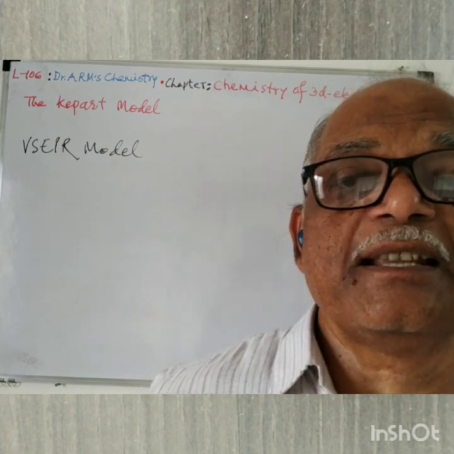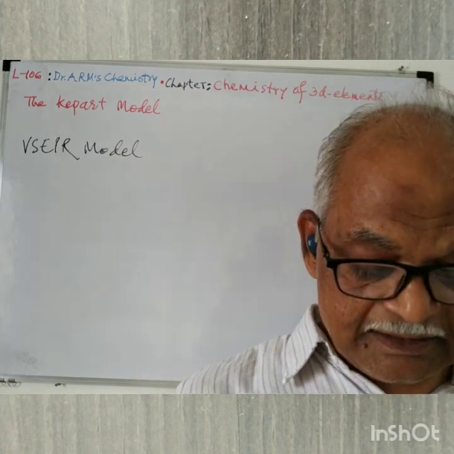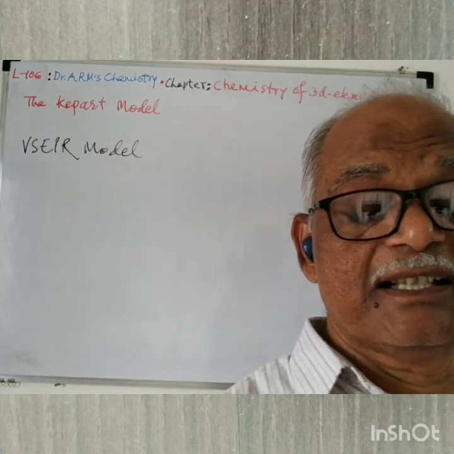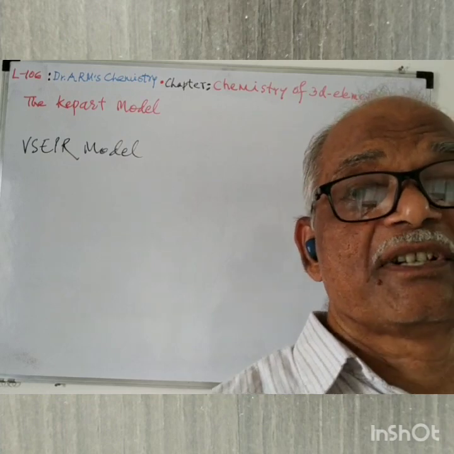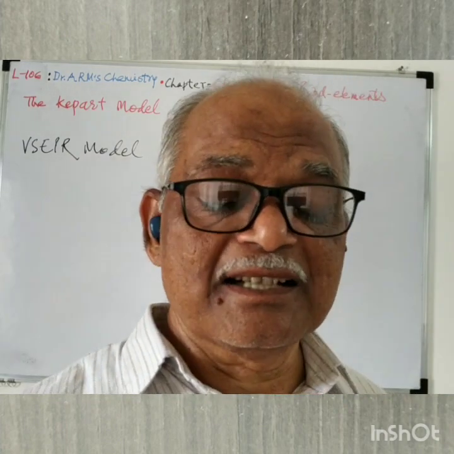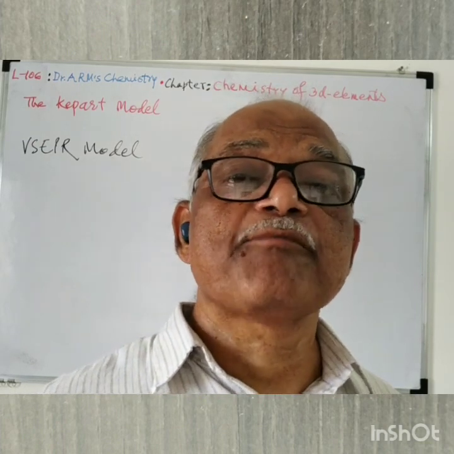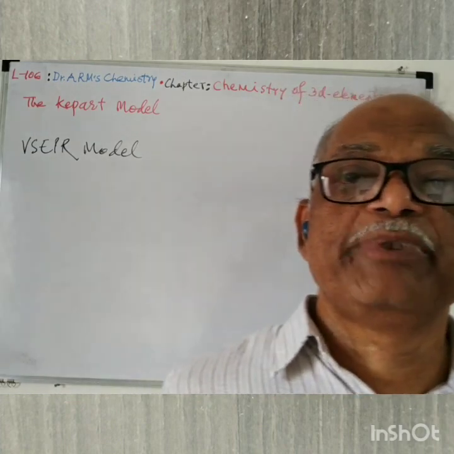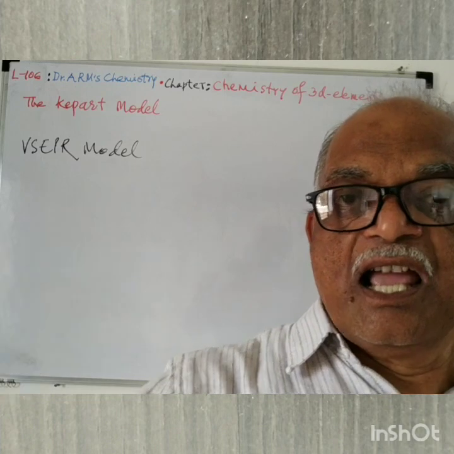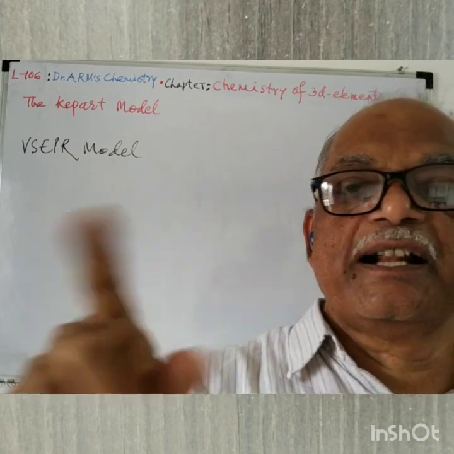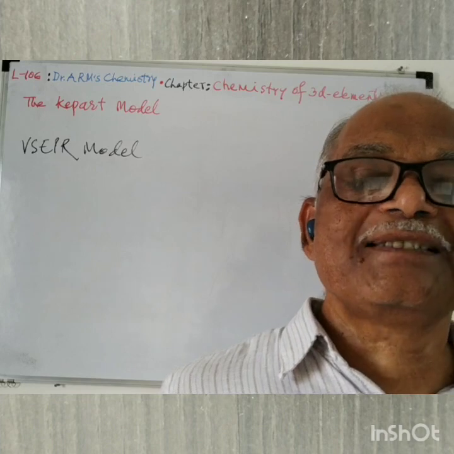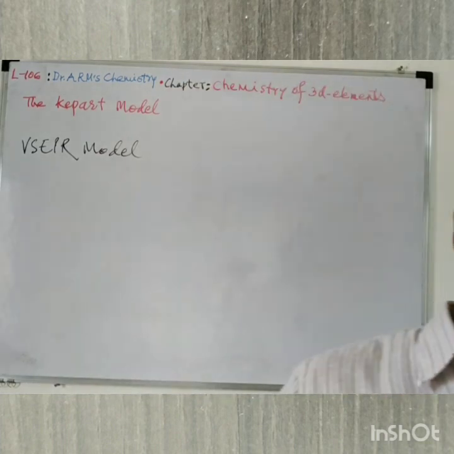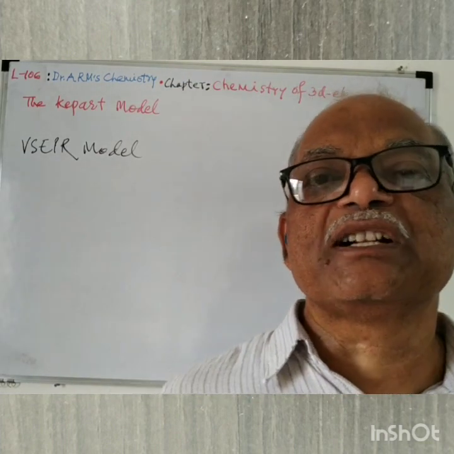According to this VSEPR model, it was considered that the P block elements give complex compounds having varying arrangements of other atoms around the central atom. In other words, a ligand, in order to understand.